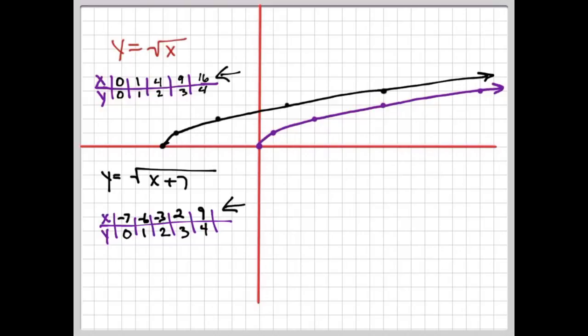In order to get -7 to behave like 0, I have to add 7. In order to get -6 to behave like 1, I need to add 7. So to get -3, I add 7. So I'm undoing what I have to do, right?